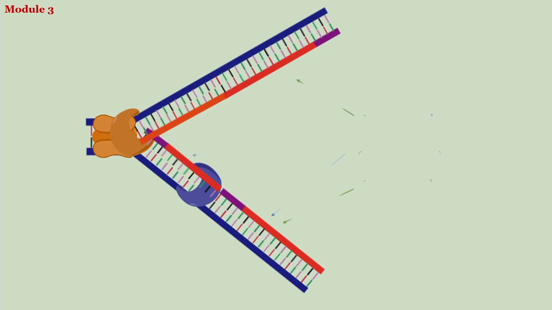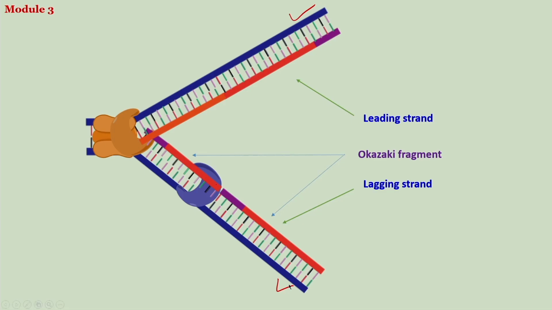So, you see, this strand is called the leading strand, and this parent strand is known as the lagging strand. So, this one was 5 prime to 3 prime. The 5 prime to 3 prime strand is the leading strand. The 3 prime to 5 prime is the lagging strand.